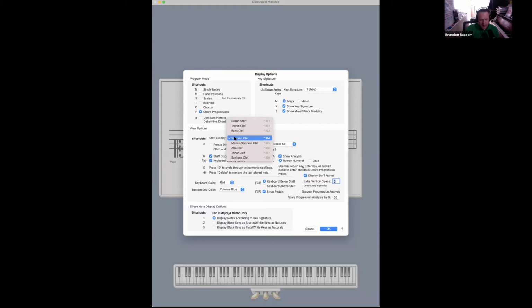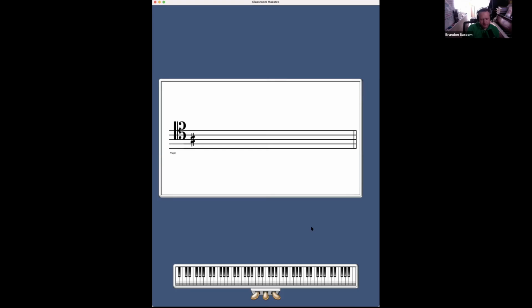Soprano, mezzo-soprano, alto, tenor, baritone. Now you should never forget, like I just did, that this is soprano, mezzo-soprano, alto, tenor, baritone.